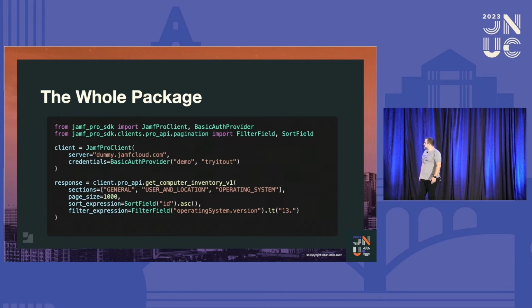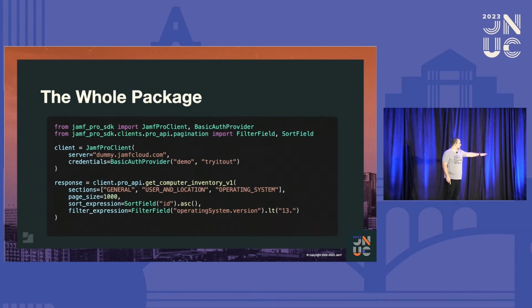And if we wrap that all together, this is what a complete interaction with the SDK to do a paginated request over the Pro API would look like. Importing all the stuff, creating the client, saying which sections from the inventory I want, setting the page size to, is that 1,000 or 100? It's 100, cool. Oh no, it's 1,000. And then sorting by the ID ascending, and then putting in a filter field for operating system version less than 13.